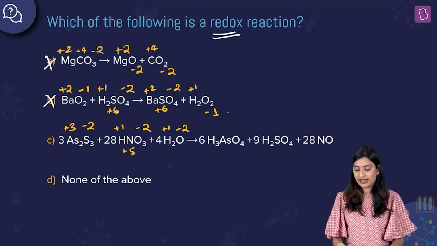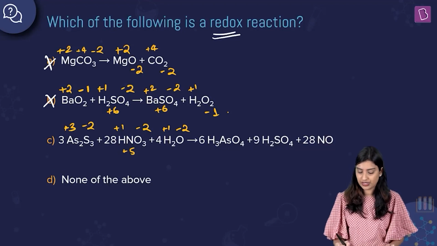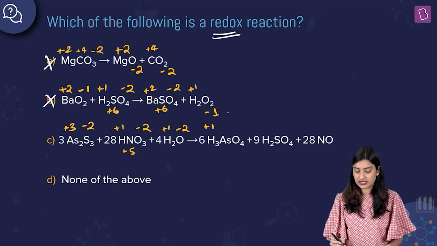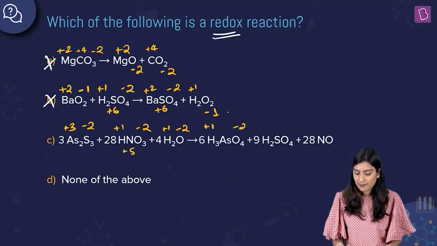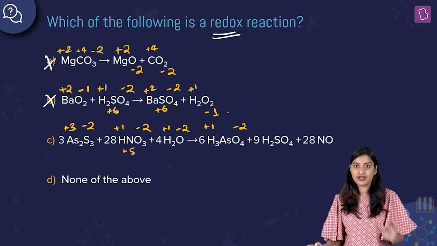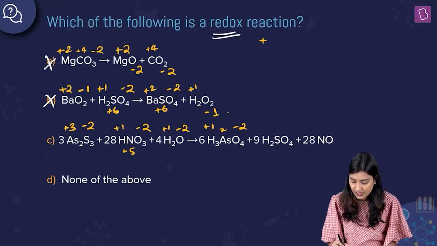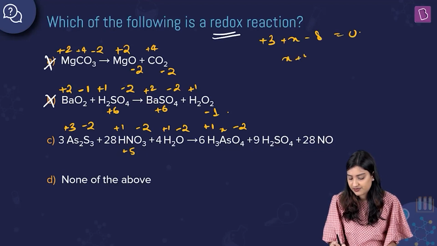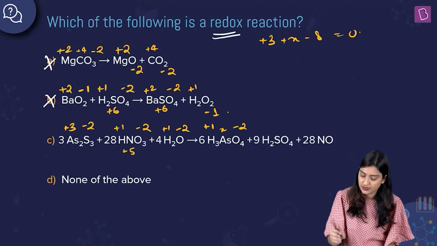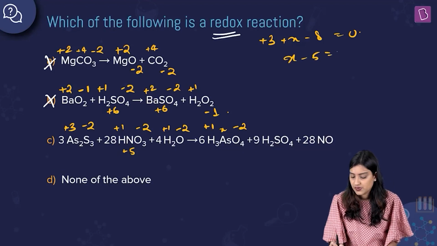Correct? Now come to H3AsO4. Okay, so here you will have hydrogen in +1 oxidation state, oxygen in -2 oxidation state. We have to find out for arsenic, right? So let's call it X. So you have +3 plus X minus 8 is equal to 0. So you have X minus 5 is equal to 0. Okay, so which means you have X is equal to +5.